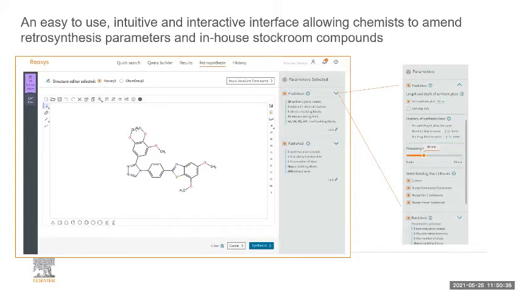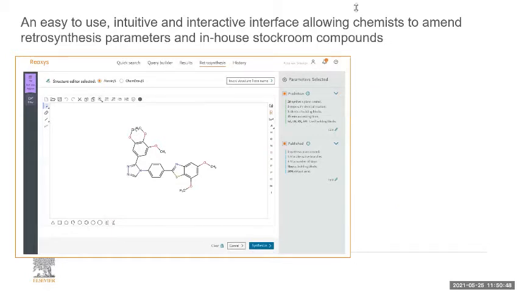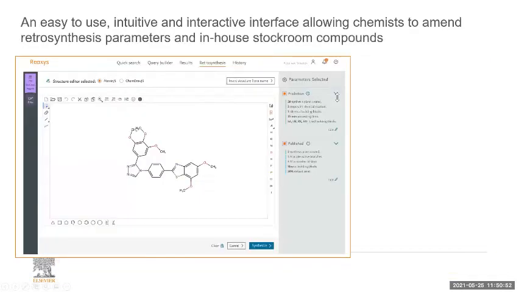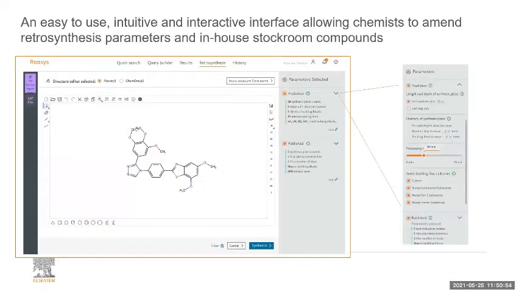So it's an intuitive and interactive interface. It does not require an extensive amount of training, and people can get started very easily. That's the first thing we learned from our design principles, that it should be easy and intuitive. So we try to meet that.